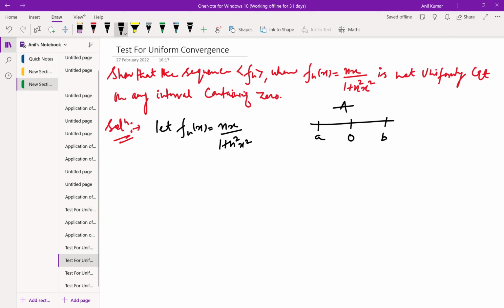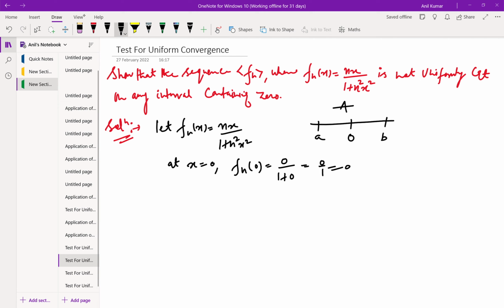Now at x is equal to 0, f_n at 0 is n into 0 divided by 1 plus n square into 0, that is 0 by 1 and hence 0.